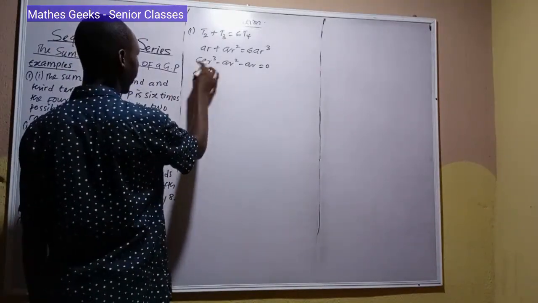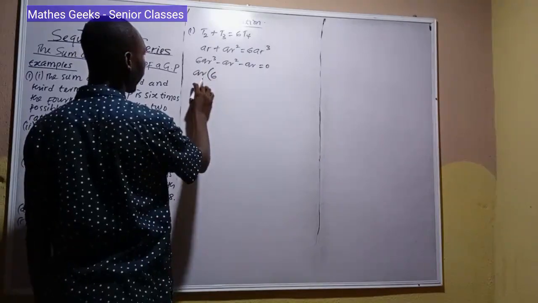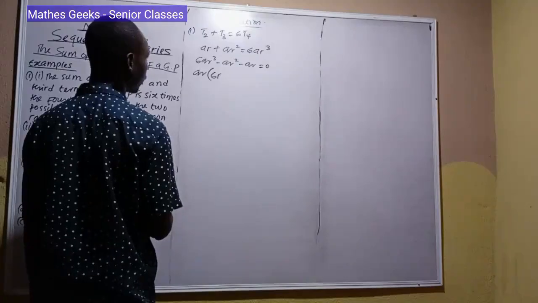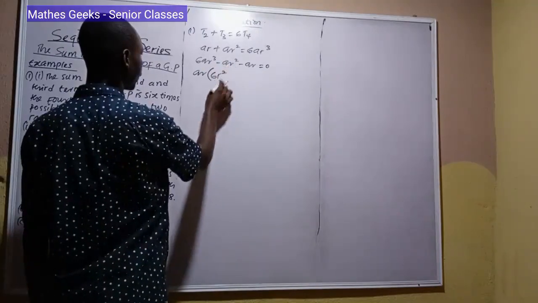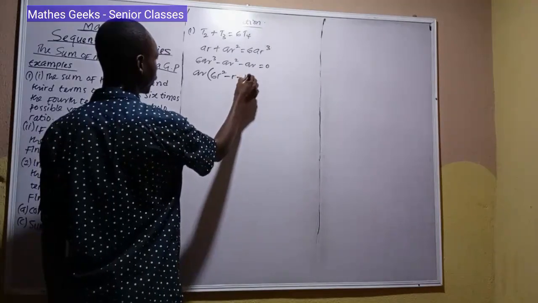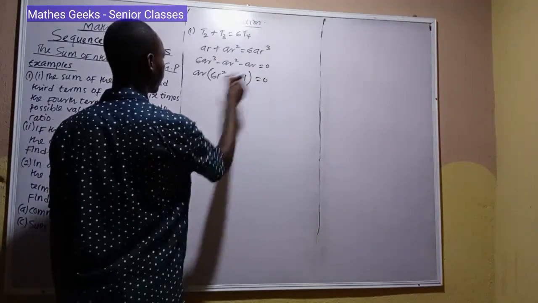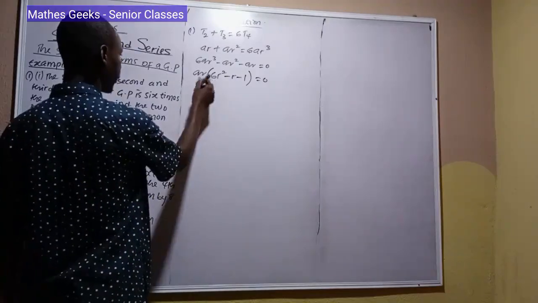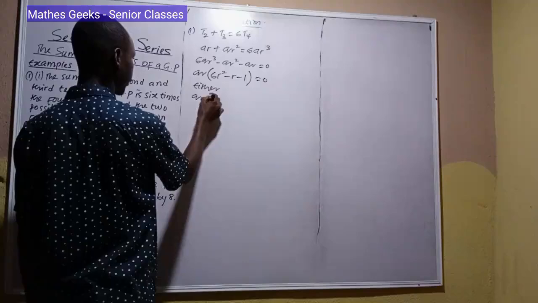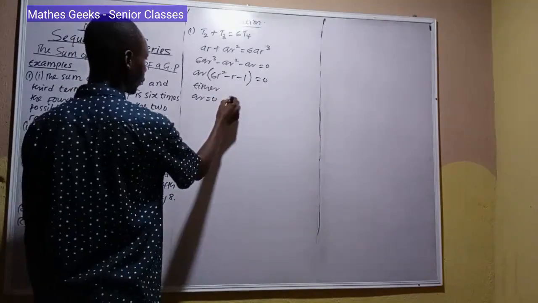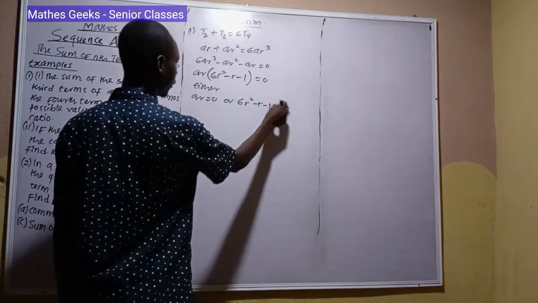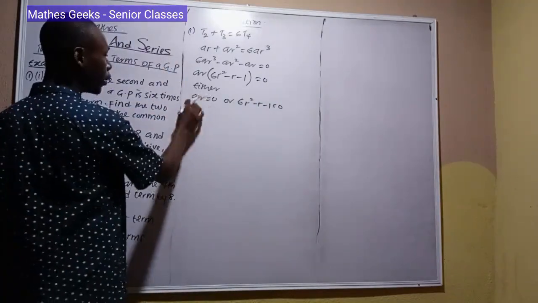AR times 6R squared minus R minus 1 is equal to 0. So either R is equal to 0 or 6R squared minus R minus 1 is equal to 0.